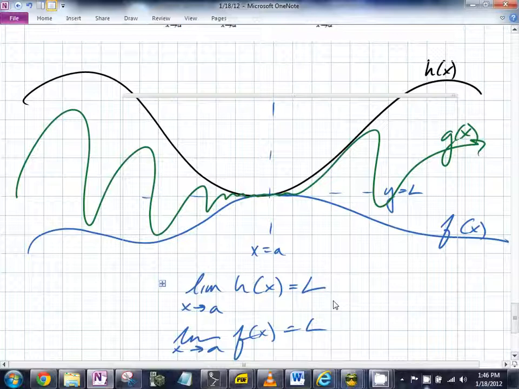No. In the beginning, you're going to get questions that say, use the squeeze theorem to prove that this is true. And then it's going to say, can you use the squeeze theorem? And then eventually you'll be able to recognize certain things that scream, use the squeeze theorem. Here's one example. If I gave you this, the limit as x goes to 0 of x squared sine x, can you plug in 0?